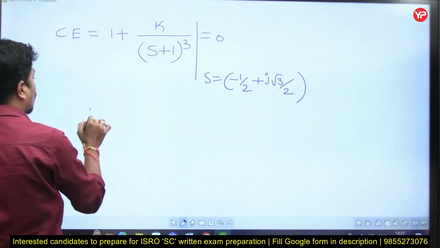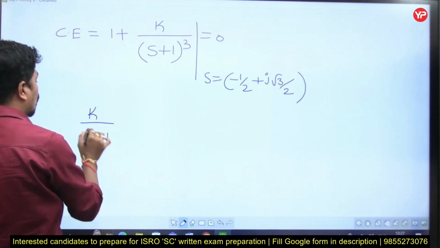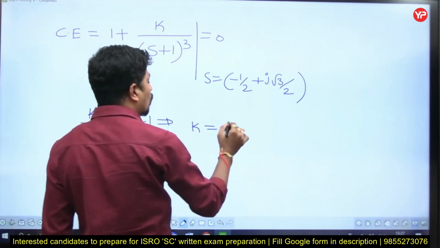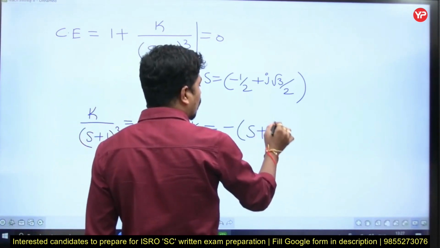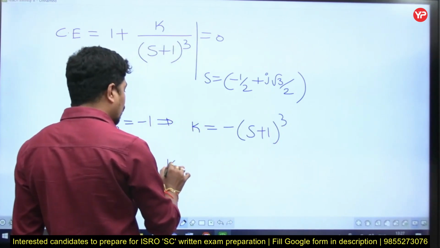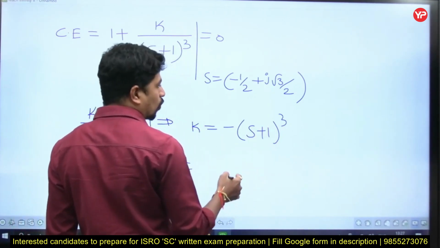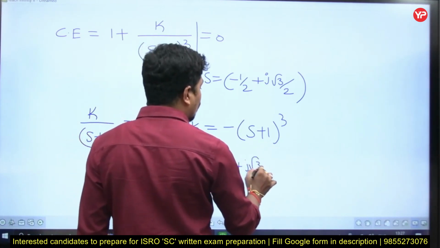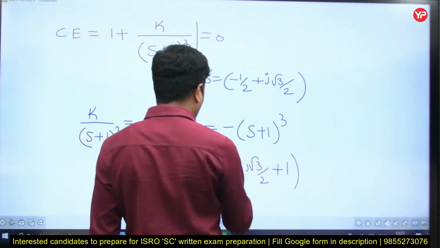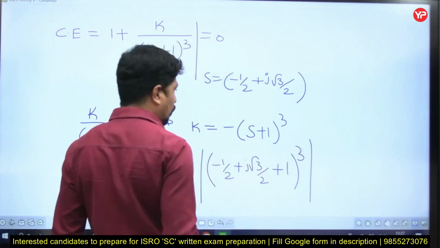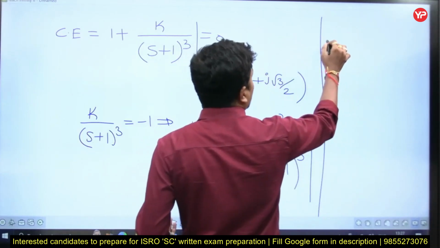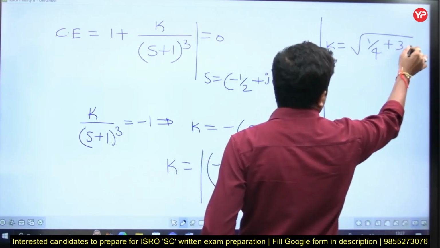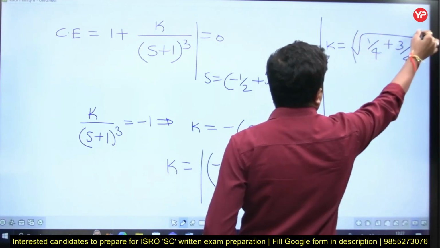From that, K/(s+1)^3 = -1. So K = -(s+1)^3, but I need the magnitude. So K = |s+1|^3, where s is -1/2 + j√3/2, so (-1/2 + j√3/2 + 1)^3 in magnitude. Simple calculation: K is the root of imaginary part squared plus real part squared, whole cube.